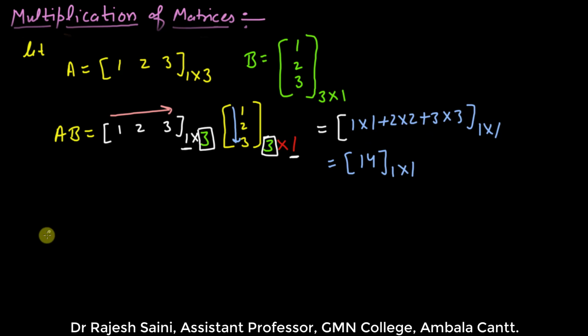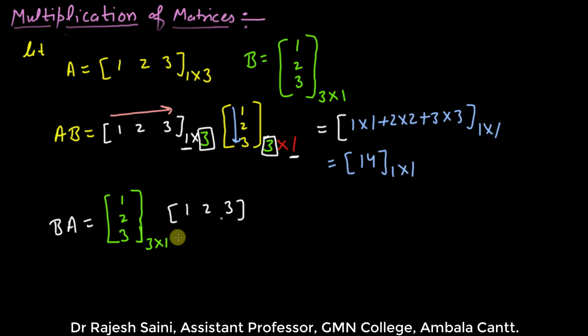Fine. Now we will calculate BA. We will write B first: 1, 2, 3, and this is of order 3 by 1. Now write A: 1, 2, 3, so this is of order 1 by 3.